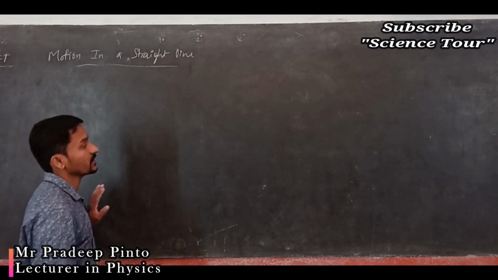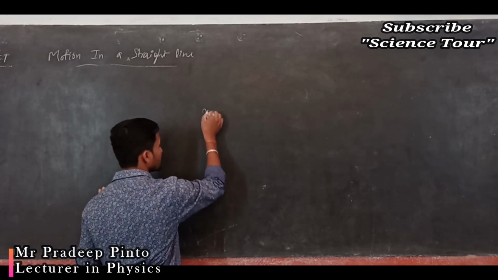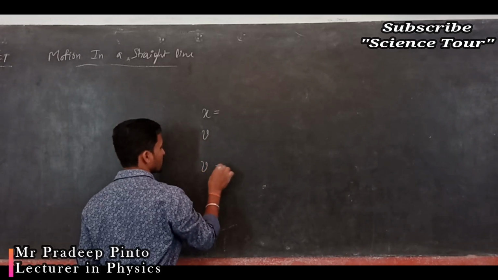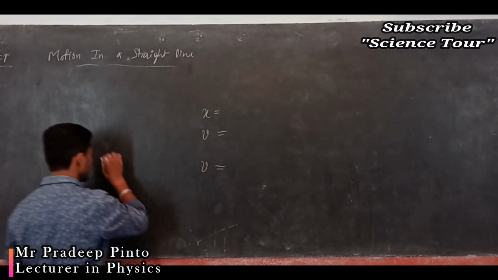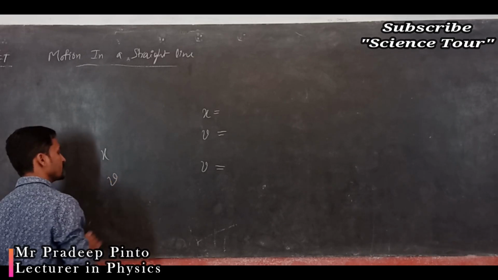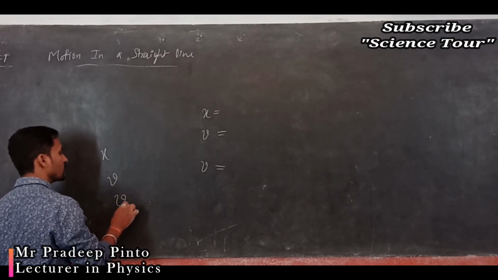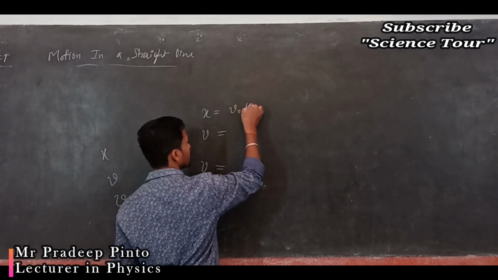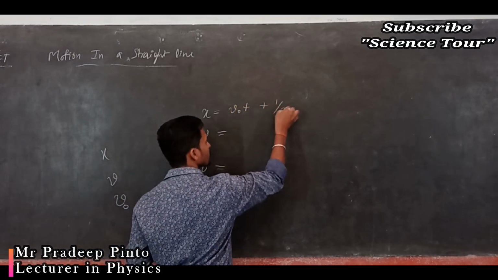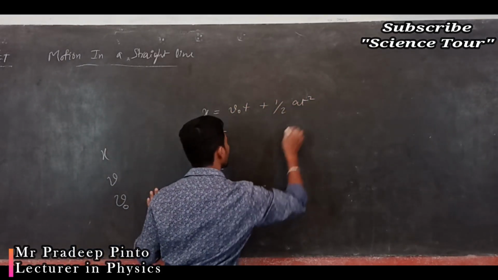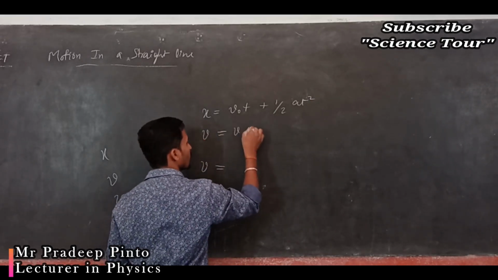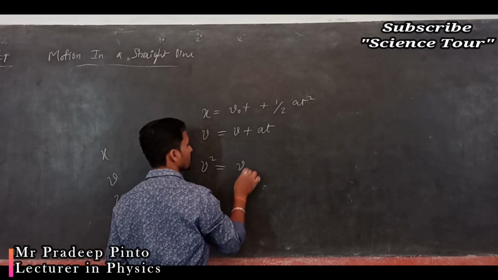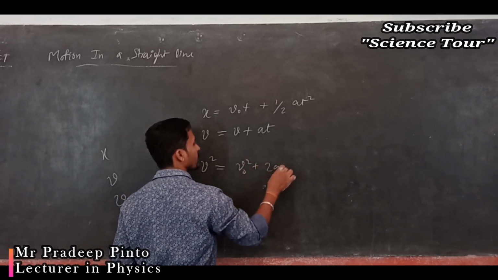We have derived some equations, right? And three equations we have got: x, v and v square. So always x is the displacement, v is the final velocity, v naught is the initial velocity. Now x is equal to v naught t plus half a t square, v is equal to v naught plus at, and v square is equal to v naught square plus 2ax.